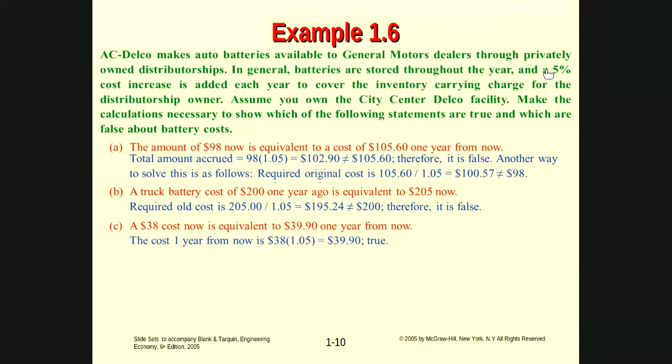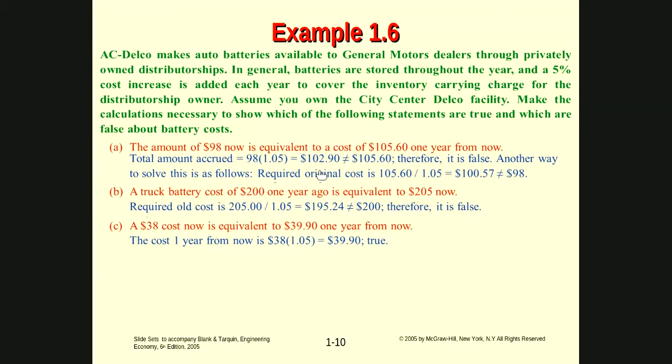So when it says $98 now, and asks about a year from now, that means a year later, we have to apply 5% on the 98 and add it to the 98 to see whether it's going to be equal to 105, or less or greater.